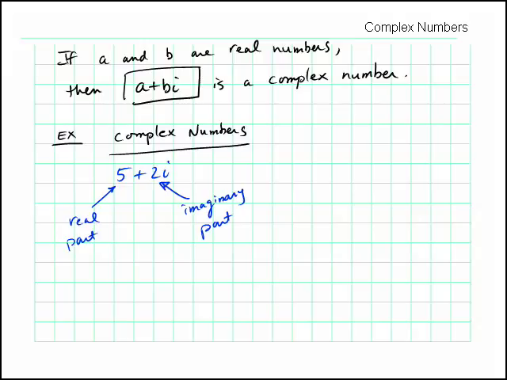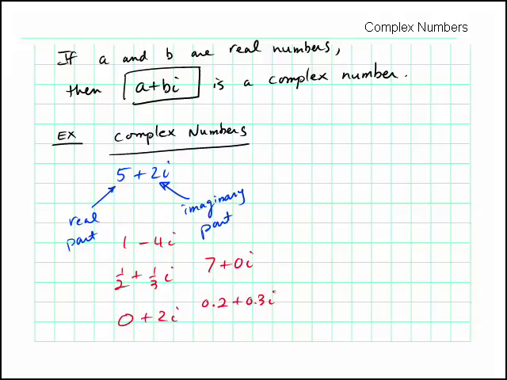So other examples of complex numbers would be 1 minus 4i, 1/2 plus 1/3 i. You could even have a 0 in the front, 0 plus 2i. You could have a 0 in the back. You could have 7 plus 0i, 0.2 plus 0.3i. Various different complex numbers we could come up with here.